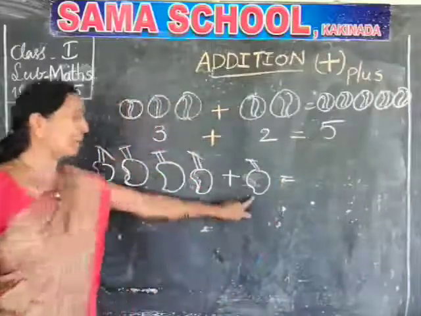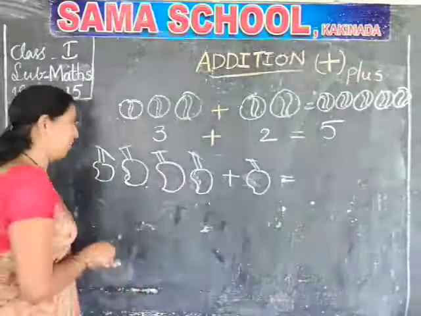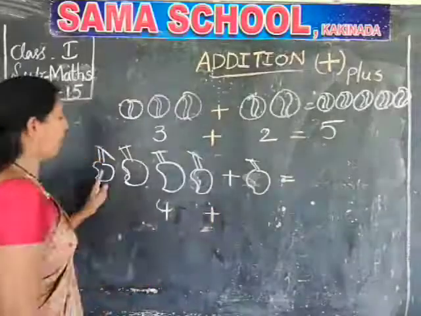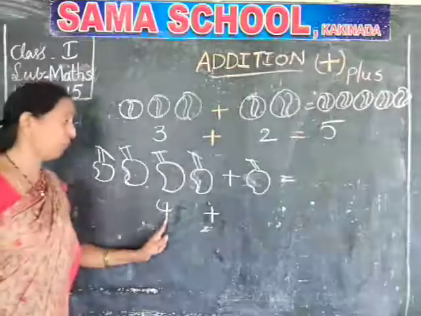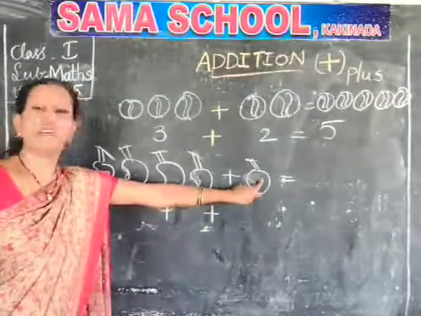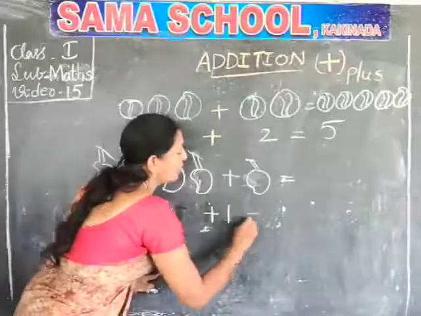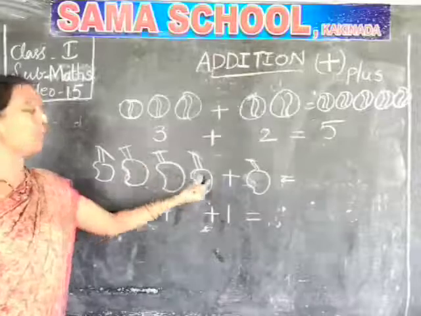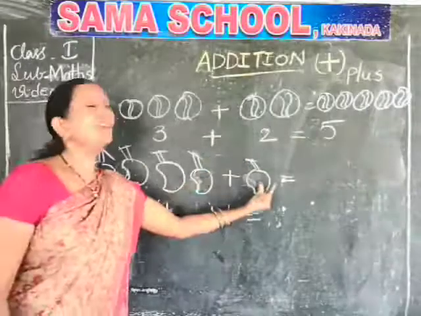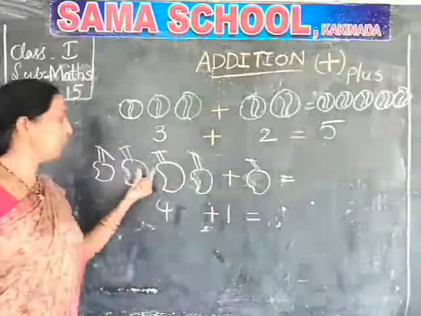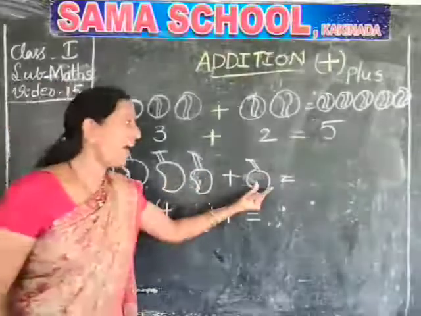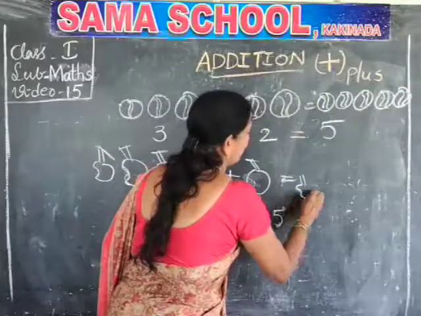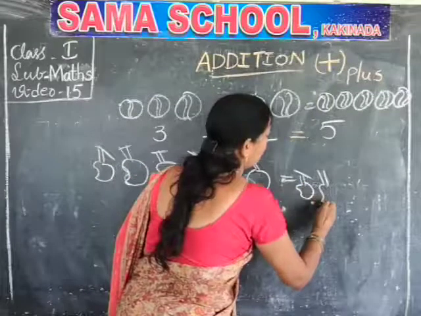Here how many mangoes? 1. Here 4 mangoes plus here 1 mango. So 4 plus 1. See that? 1, 2, 3, 4 and 1, 5. So 5 mangoes are there.